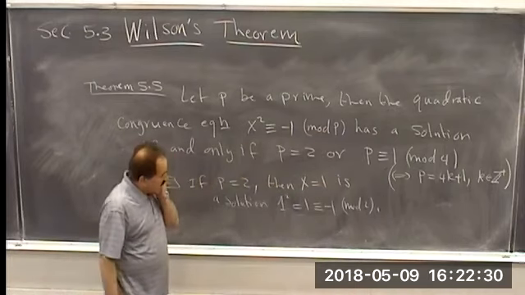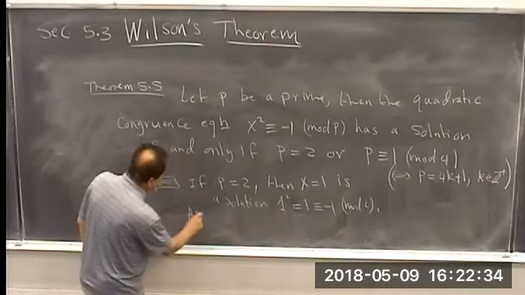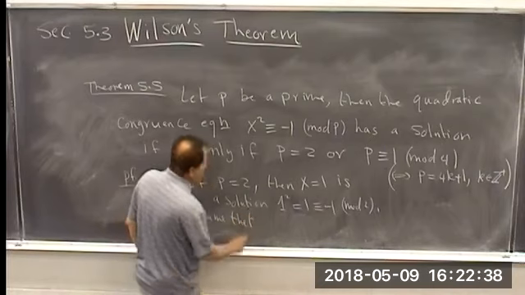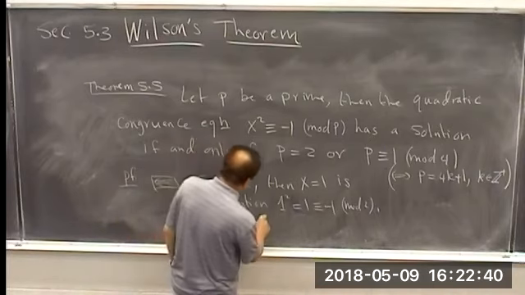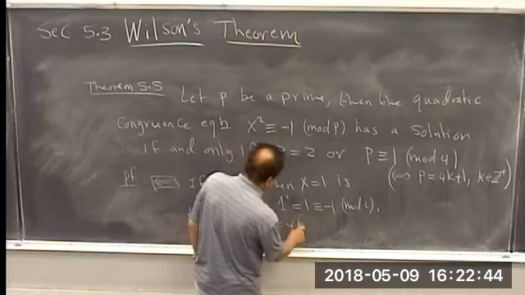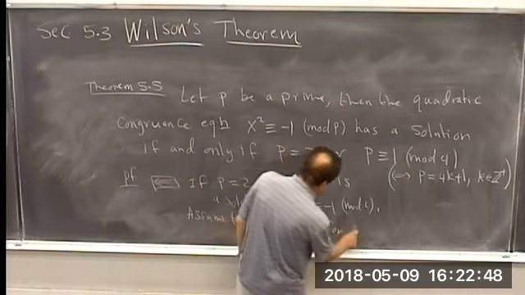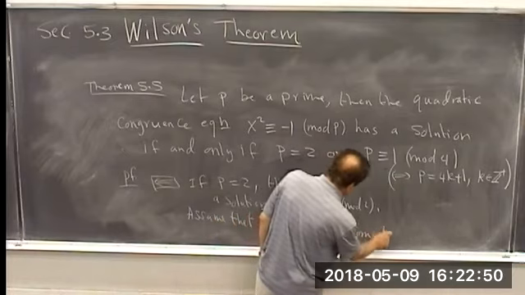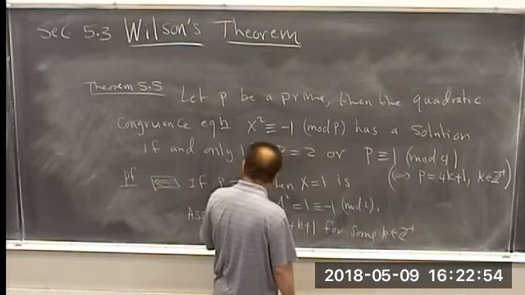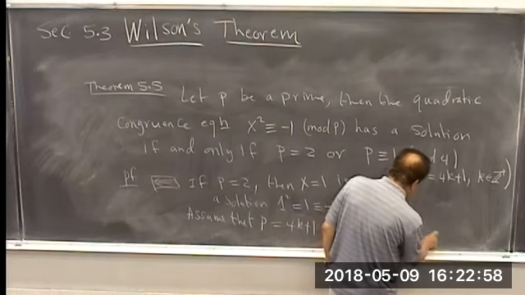All right. Next, let's assume that p is equal to 4k plus 1 for some k in Z plus.